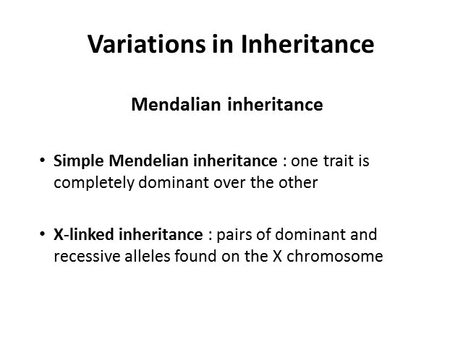So just to go over what we've gone through already, we've looked at something called Mendelian inheritance. We looked at simple Mendelian inheritance in the first part of this chapter, where one trait is completely dominant over the other. So it's either purple or white, or tall or dwarf, and one is dominant, one is recessive.